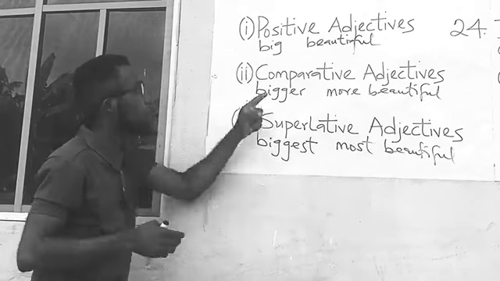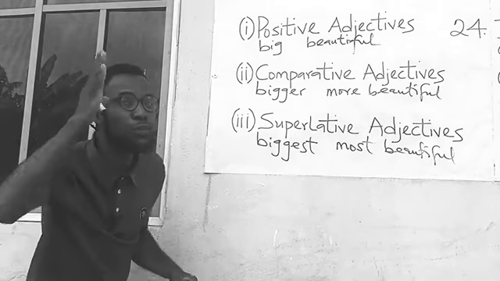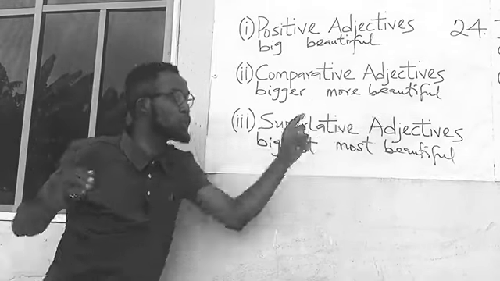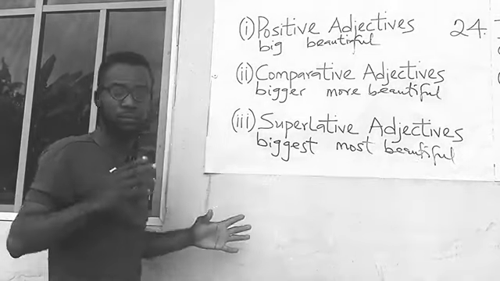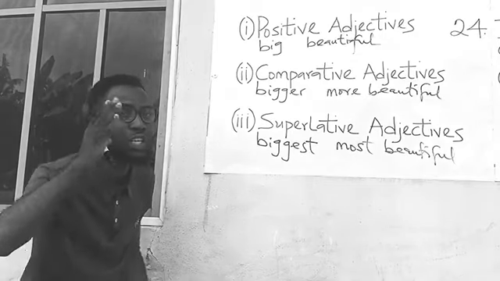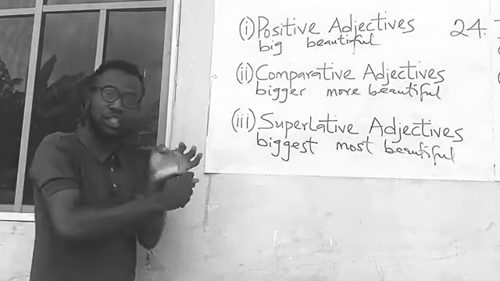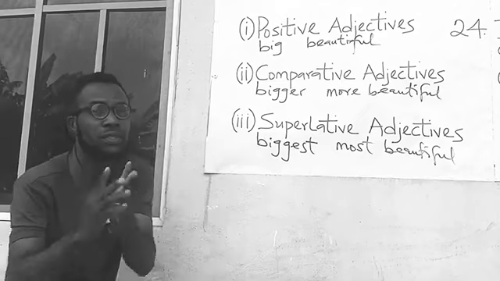In other words, beautiful is a positive adjective. The comparative form is more beautiful, and the superlative form is most beautiful. This is what I mean by categories of adjectives. That is, positive adjectives, comparative adjectives, and superlative adjectives.